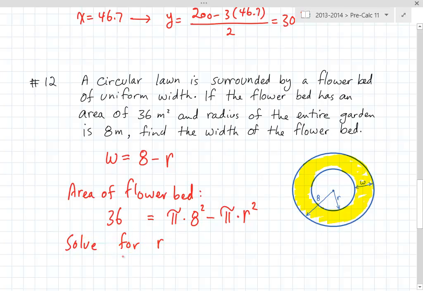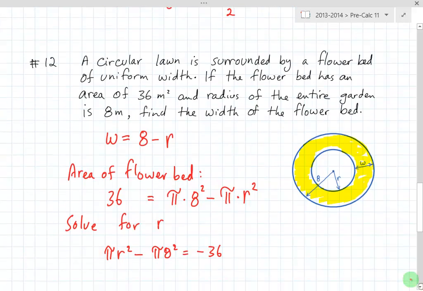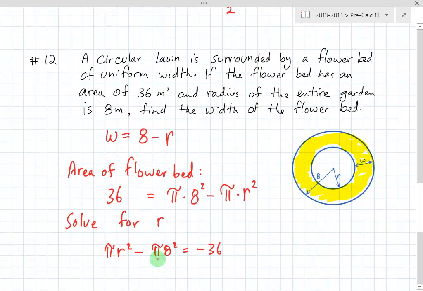How do we solve for r here? Well, let's put everything on the left side, right? So we get pi r squared minus pi h squared is equal to negative 36. I'm going to move the pi h squared to the other side, makes it positive. So pi r squared is equal to pi h squared minus 36.